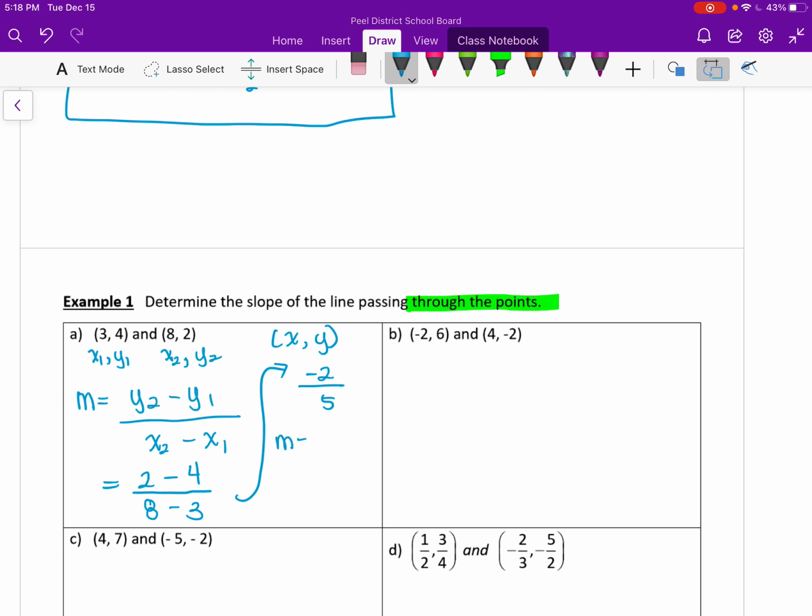So my slope is equal to negative 2 over 5. Okay?